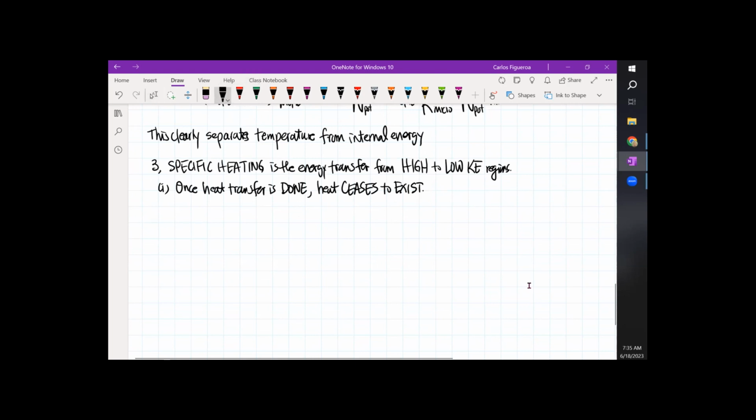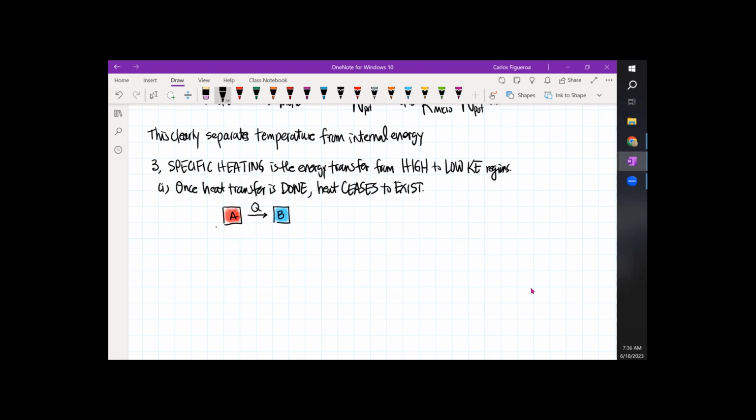Well, let's look at boxes again. So let's say that I have a box here, and I have another box here. And what I'm going to do here is that I'm going to transfer heat from one box to the other. So in this case, the red represents the high kinetic energy region. Let's call this A, let's call this B. And what I'm going to do here is that I'm going to transfer heat in that direction.